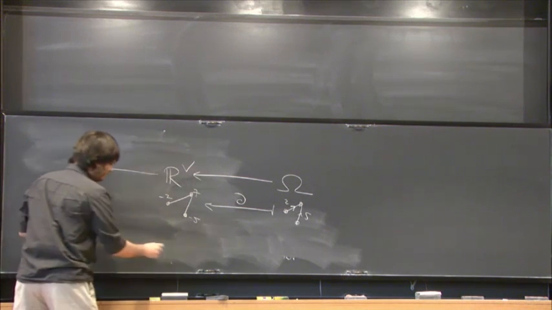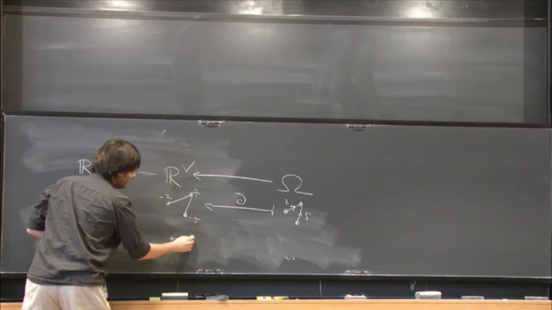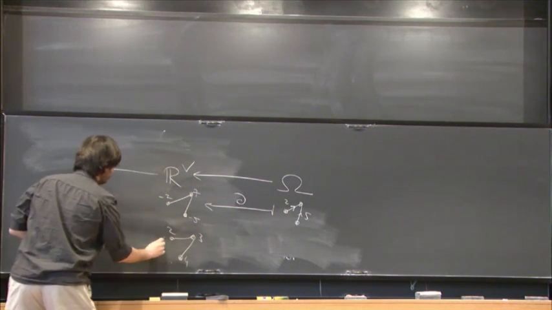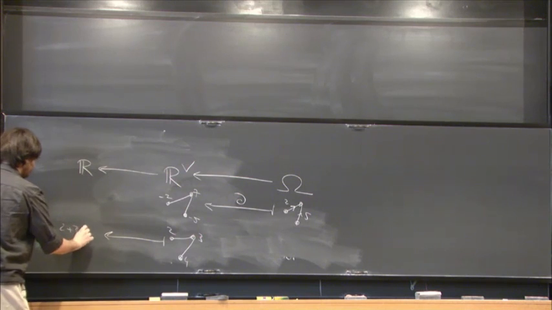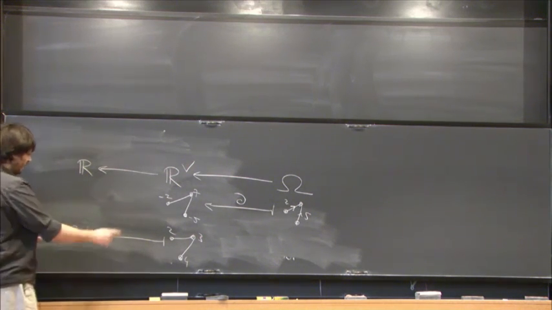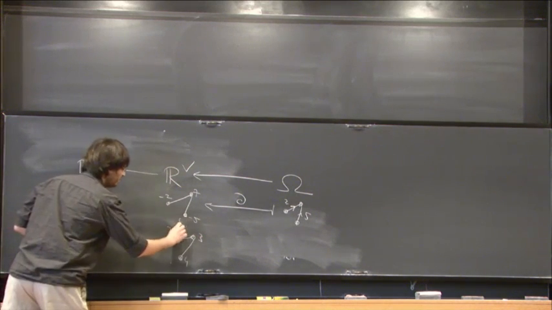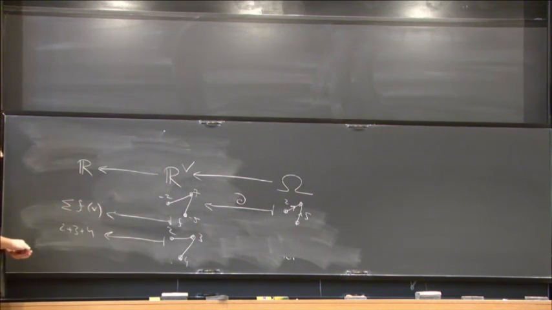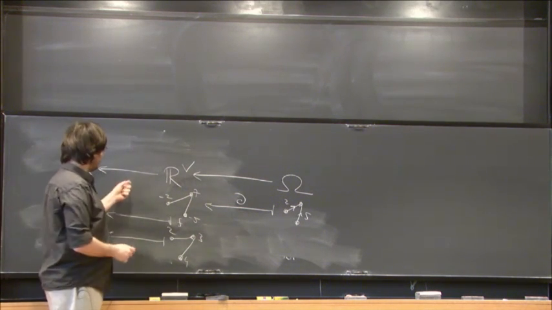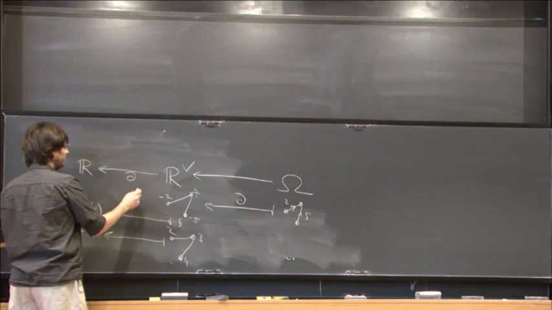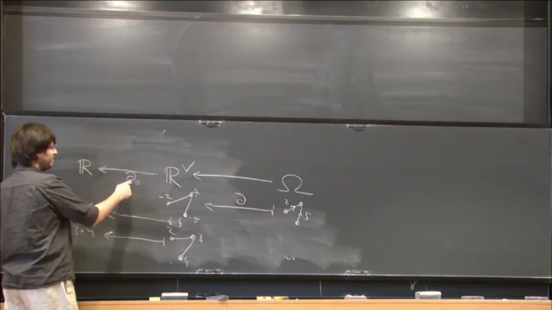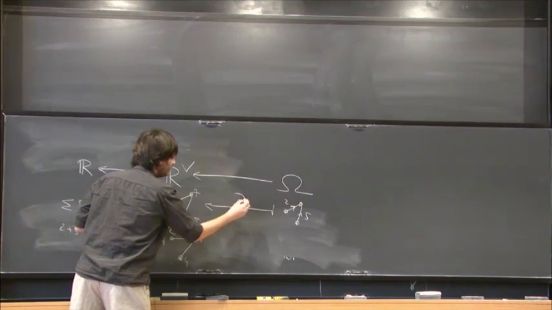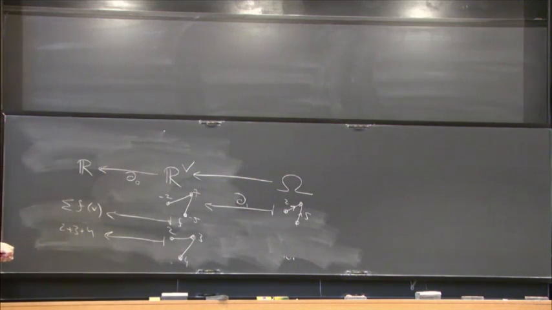And this map is taking any function, so 2, 3, 4, to the sum. So in general, f goes to the sum over the vertices. And this is also called a boundary map. So to distinguish between them, let's say that this is the zeroth boundary and this is the first boundary map.